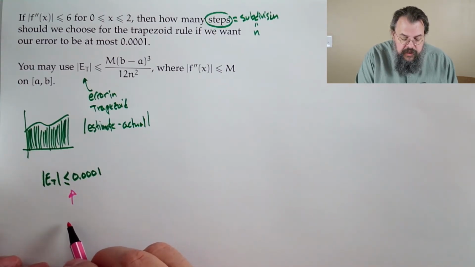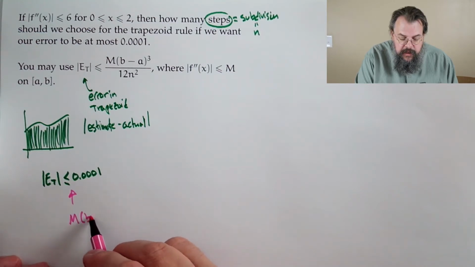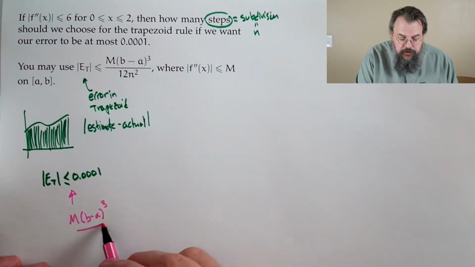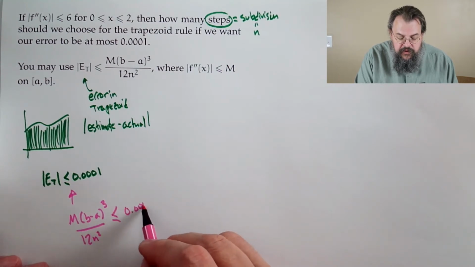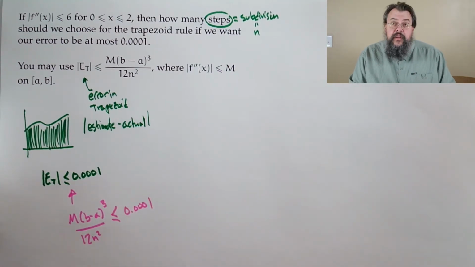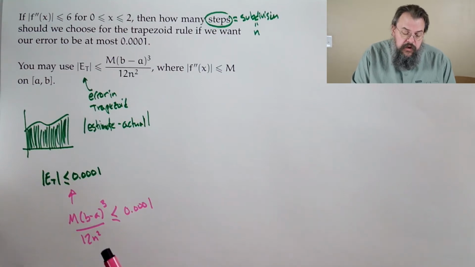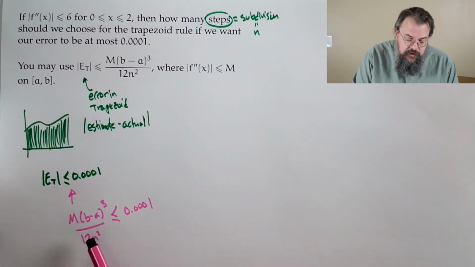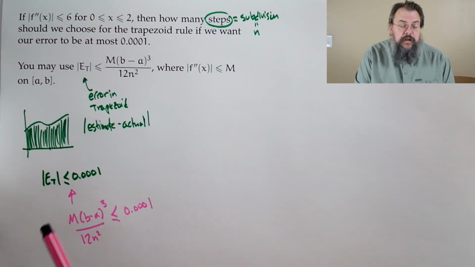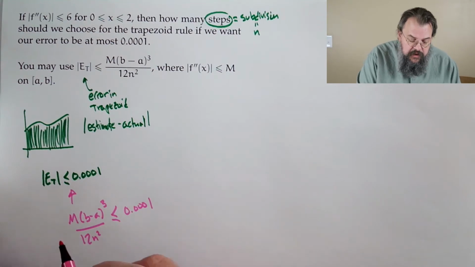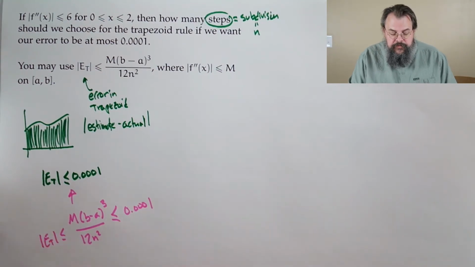So we can say, look, if we can make M times (b minus a) cubed over 12n squared less than 0.00001, then what's going to be true? Well, then it has to be true that our error is also less than or equal to 0.00001, because that's what the inequality gives us, because this is greater than or equal to our E sub t.